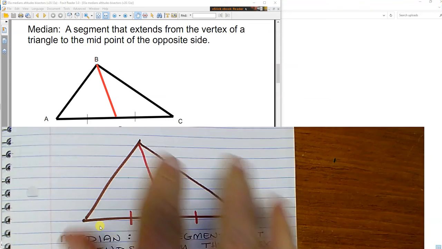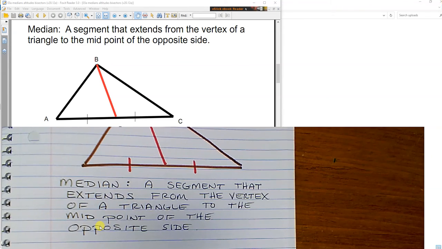Now, I have it written, oh, you can't see what it is. Median, a segment that extends from the vertex of a triangle to the midpoint of the opposite side.